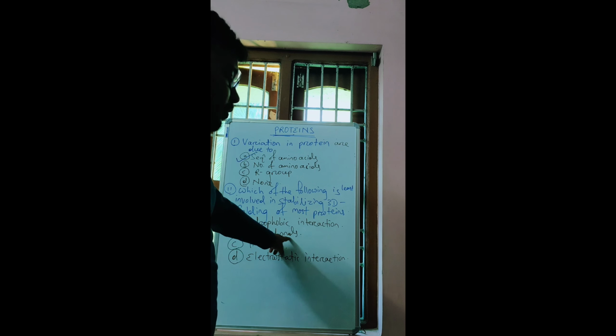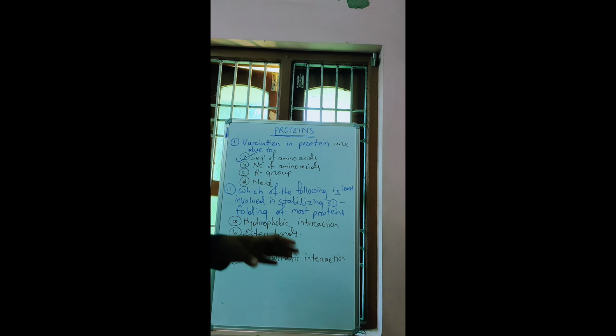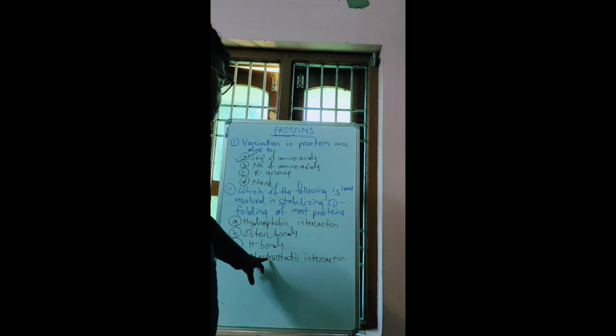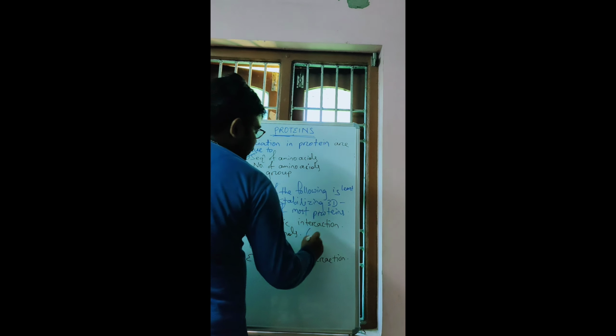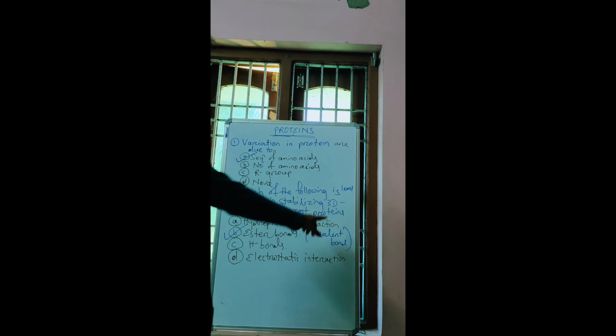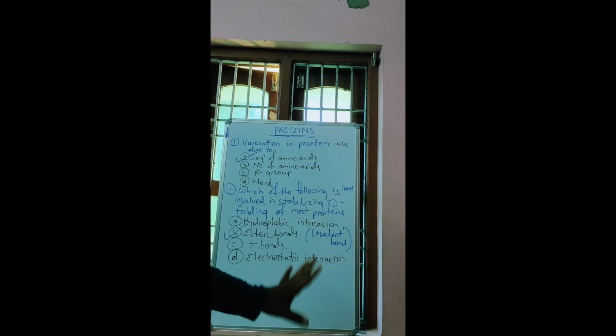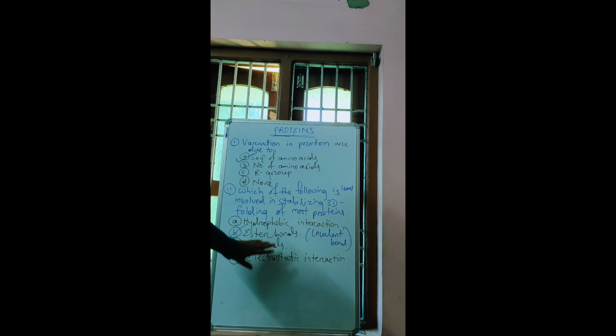But the ester bond is least involved, because a covalent bond is less involved in folding, and these others have more involvement. So the answer will be the ester bond, because its involvement in 3D folding is comparatively least.